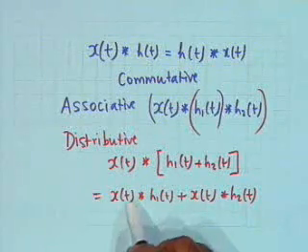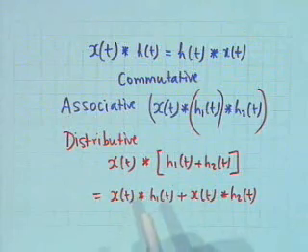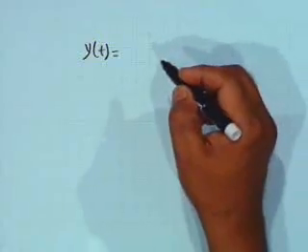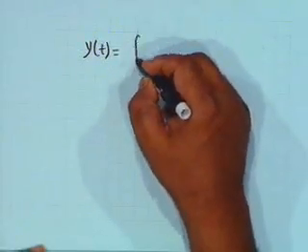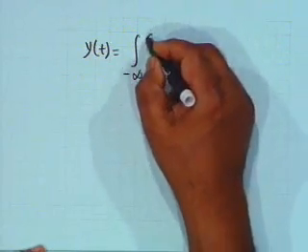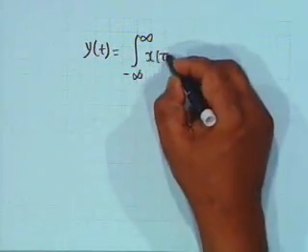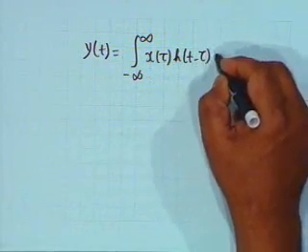Distributive simply means that the two systems or three systems or any number of systems are in parallel, and what you do is you convolve the input with each system and then simply add the individual outputs. Exactly as in the discrete time domain, you can have a graphical interpretation, which is sometimes the most useful technique for evaluating continuous time convolution, x of t h of t minus tau d tau.